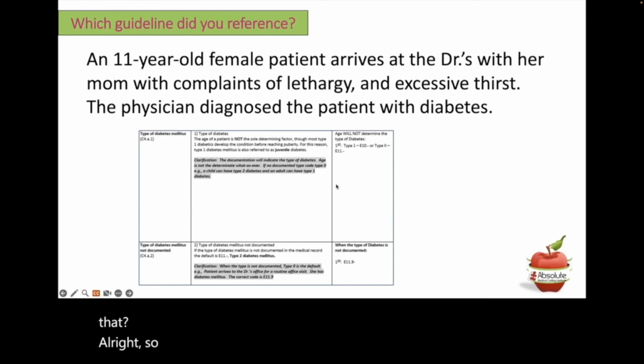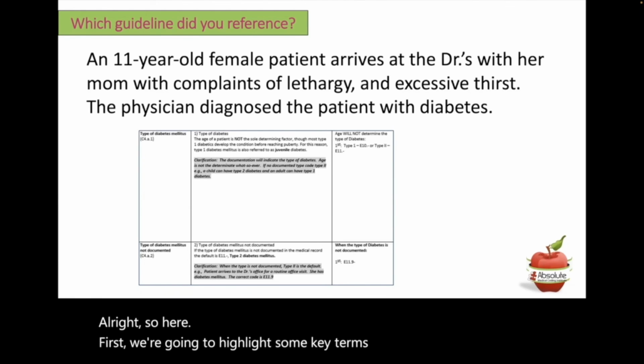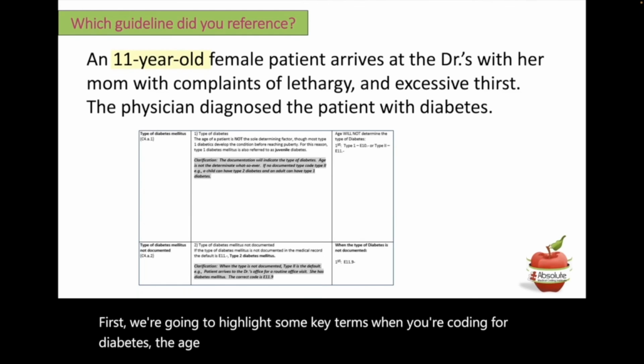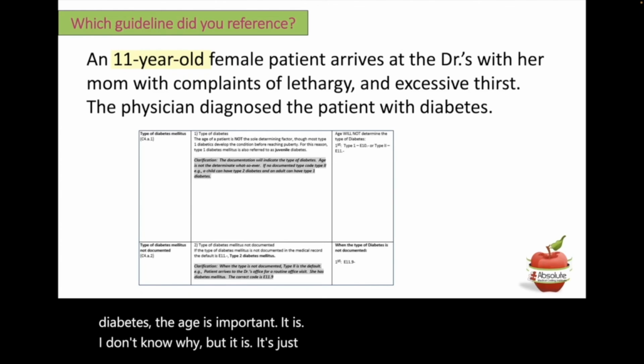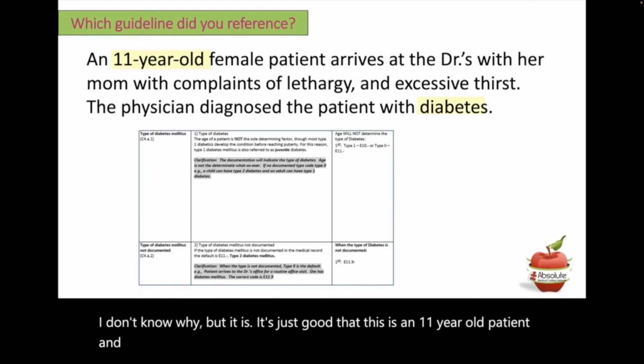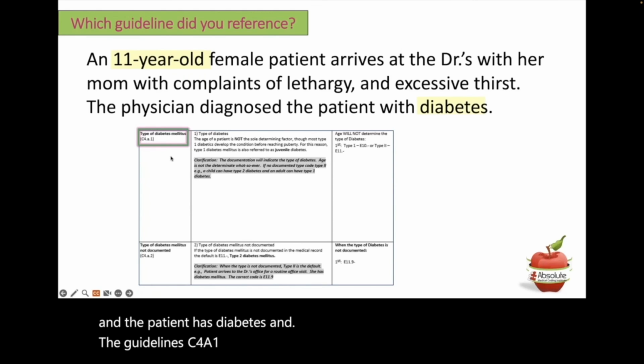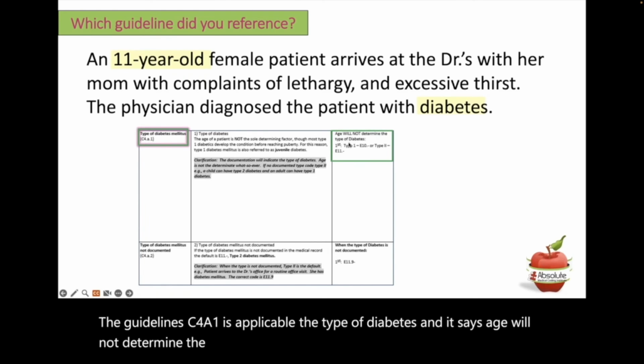All right. So here, first, I'm going to highlight some key terms. When you're coding for diabetes, the age is important. I don't know why, but it is. It's just good that you know. This is an 11-year-old patient, and the patient has diabetes. The guideline C4A1 is applicable, the type of diabetes. It says age will not determine the type of diabetes.